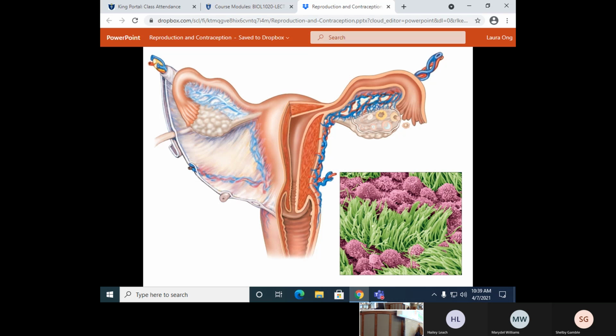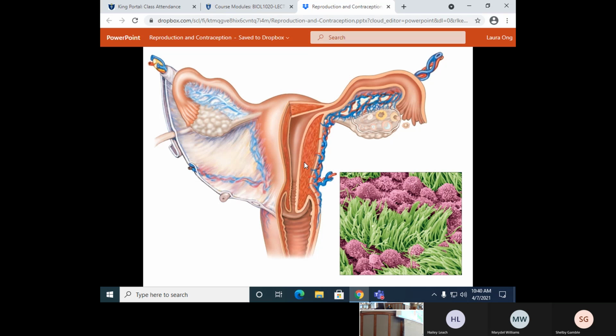If the egg is fertilized, it should implant, which is basically like stick onto the wall and burrow in, which sounds weird. It should implant or burrow into the uterine lining, so the lining of the uterus. And so here's the uterus.